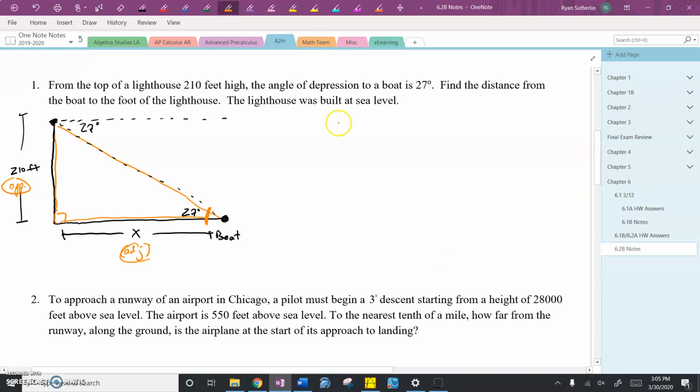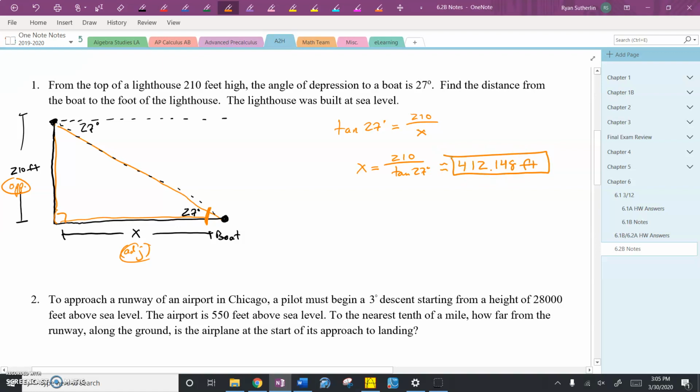So we know tangent of 27 degrees is equal to the opposite side, which is 210, over x, which means x is equal to 210 divided by tangent of 27 degrees, which comes out to be 412.148 feet.